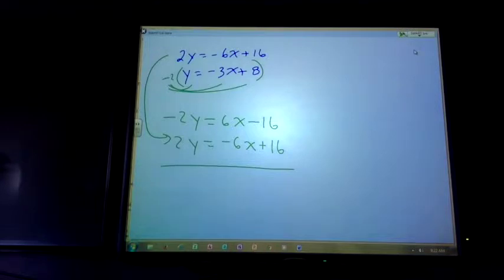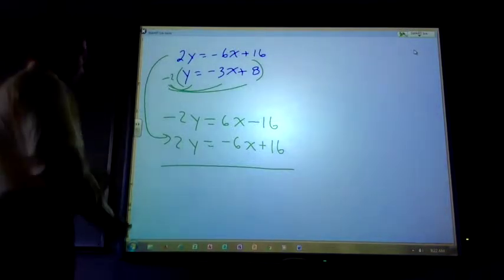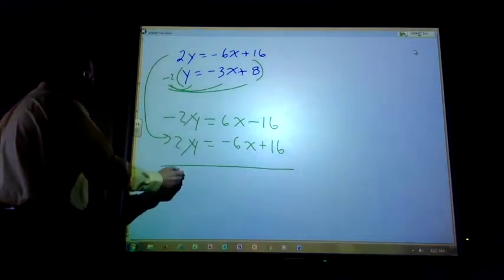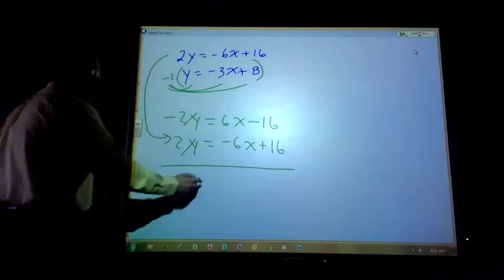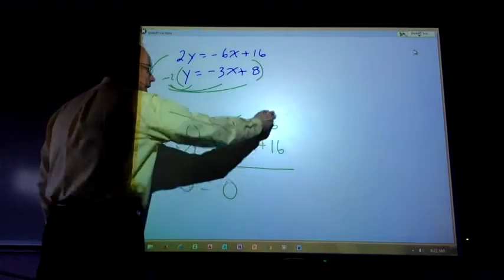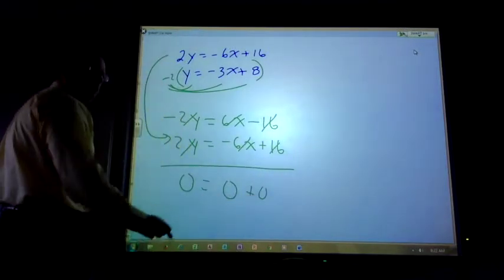That cancels, so what do I have down here? That cancels what I have down here. That cancels what I have down here. Is 0 plus 0, 0?